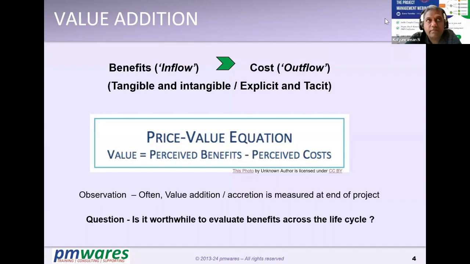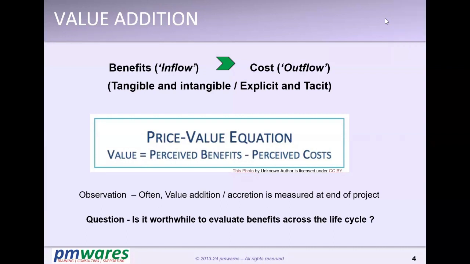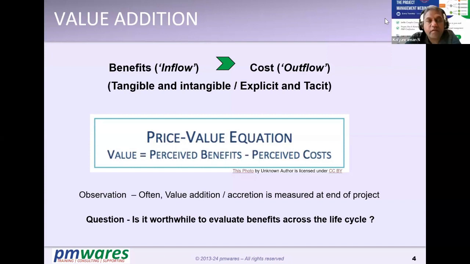Just an example, in automotive, when deciding to bid or not bid for a project, a criterion is what margin you would be getting, or what your expected margin out of the project would be.